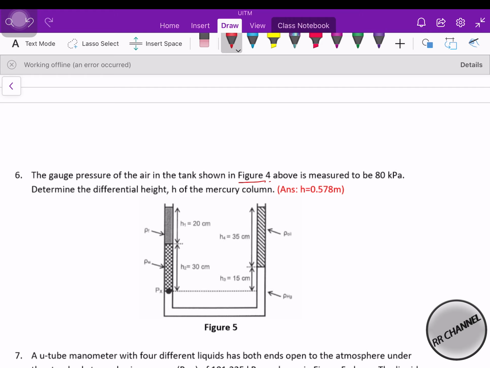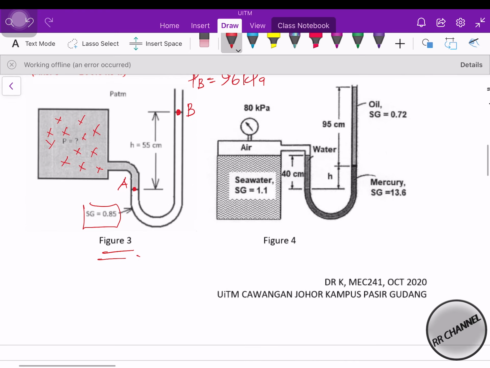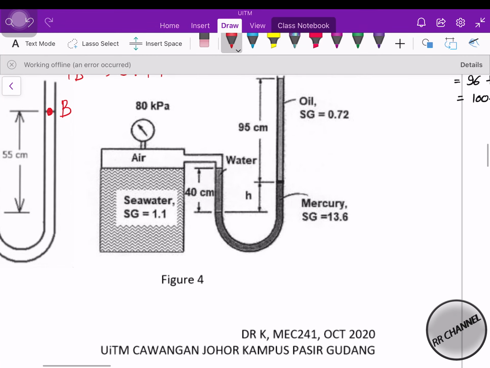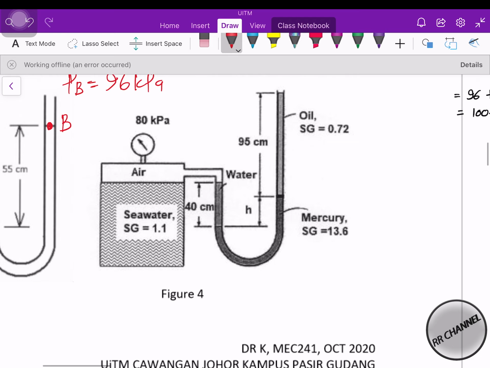Okay, mercury column h. Which h do we refer to? This one, this h. So we refer to this diagram or figure. Let's say we start from a point A here, that is exposed to the environment, and another fluid that is in contact with oil is mercury here.